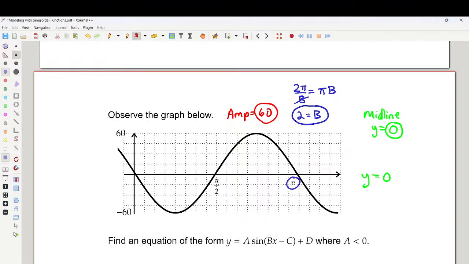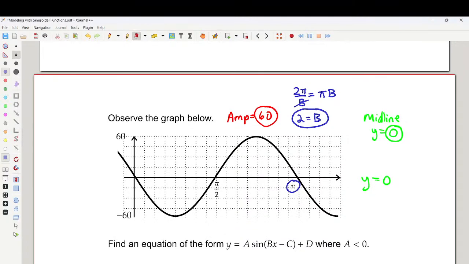Now we're just going to do a little bit of thinking. Parent sine function: crest, trough. That's a must know.